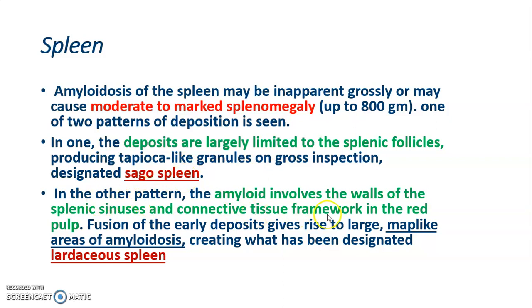And when the amyloid involves the walls of the splenic sinuses and connective tissue framework in the red pulp, this is designated as lardaceous spleen. When deposited, they give map-like areas of amyloidosis.